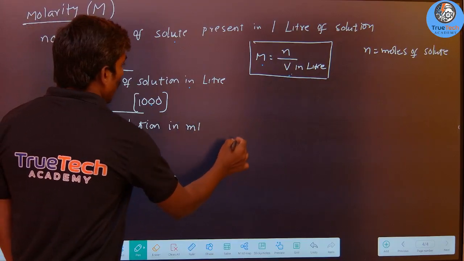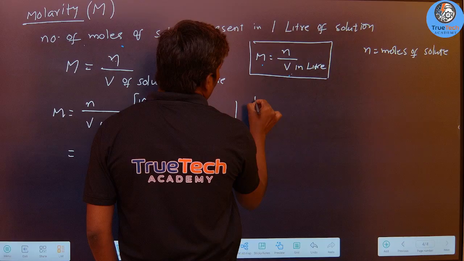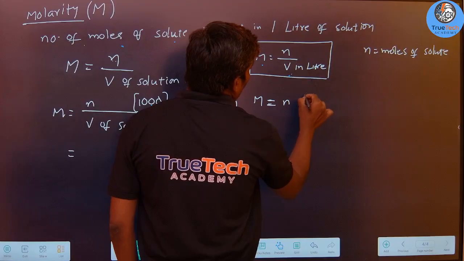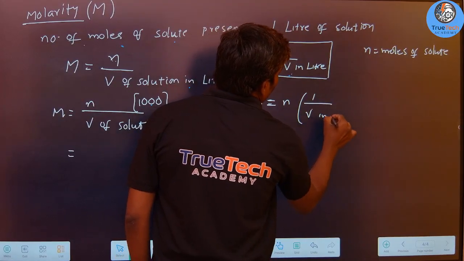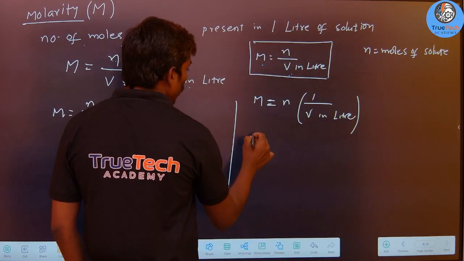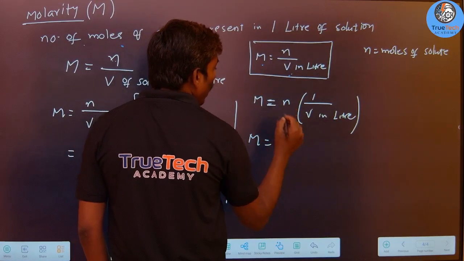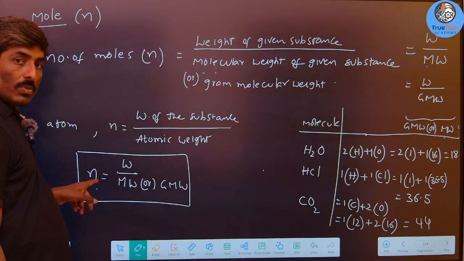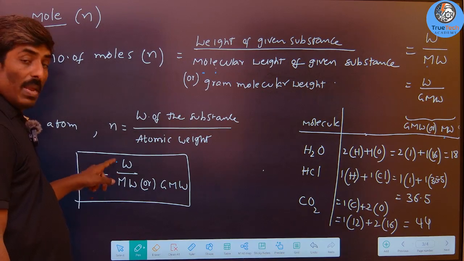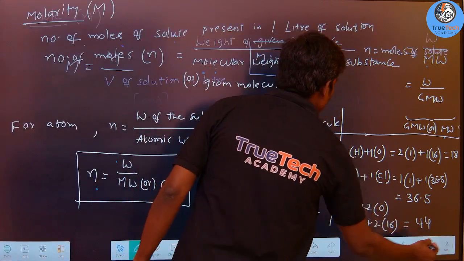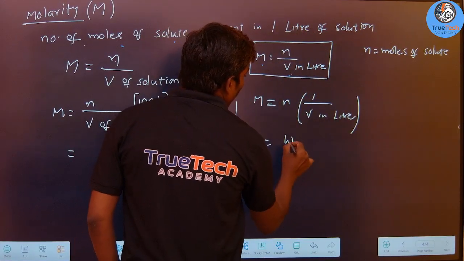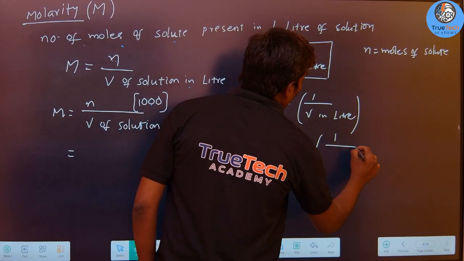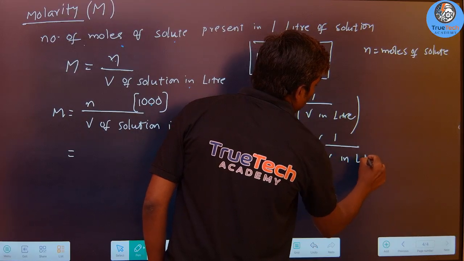On substituting here, m equals n by v can be written like this: n into 1 by v in liters. So n equals moles of solute, represented by weight by molecular weight. So here we substitute n equals weight by molecular weight into 1 by v in liters.